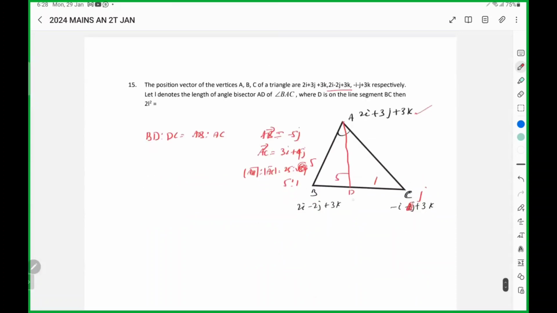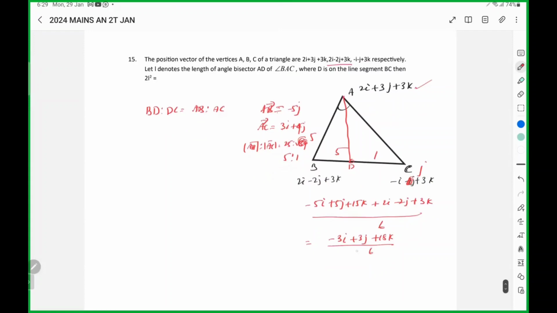Then the D position vector is, by the section formula, minus 3i plus 3j plus 18k by 6. So minus i plus j plus 6k by 2.